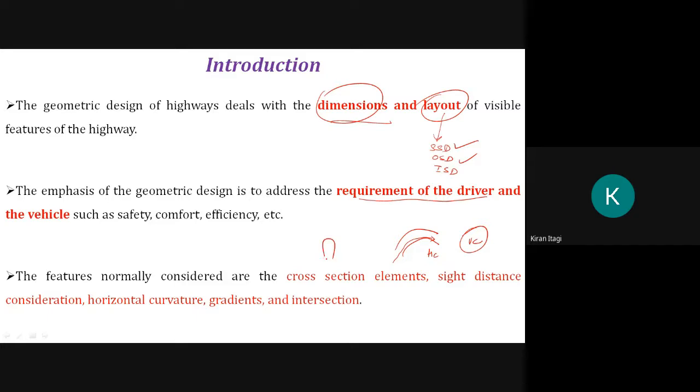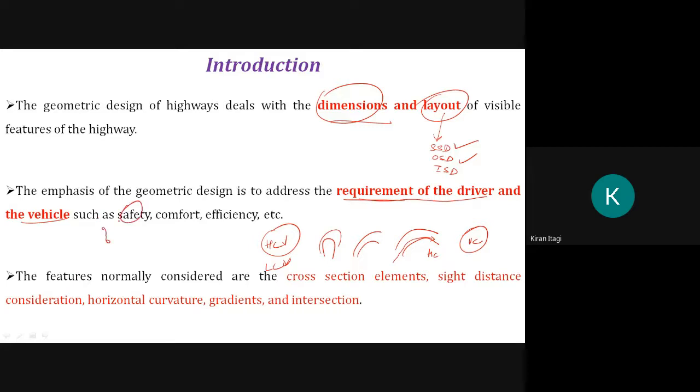You can't provide sharp curves like this, so we have to provide smooth curves, depending upon the availability, nature of the terrain, etc. So the requirement of the drivers and the vehicles: for heavily loaded vehicles and lightly loaded vehicles, we have different features, so we will also see that. Why?